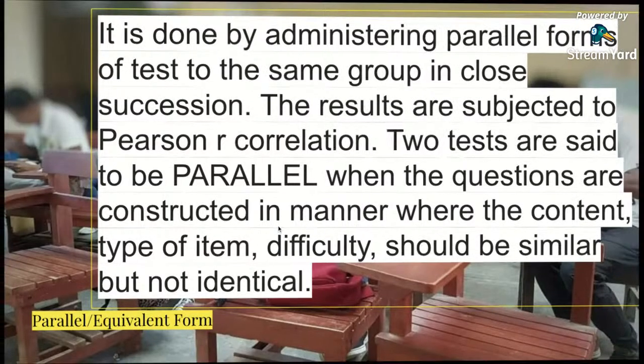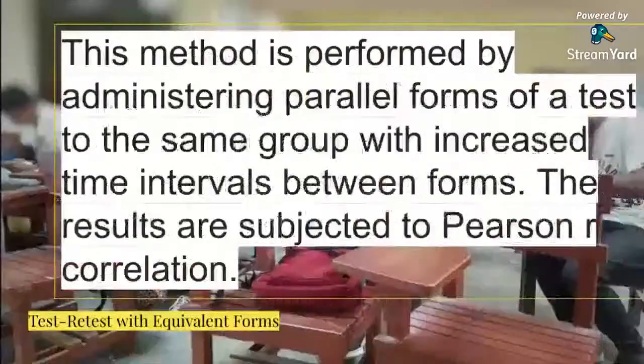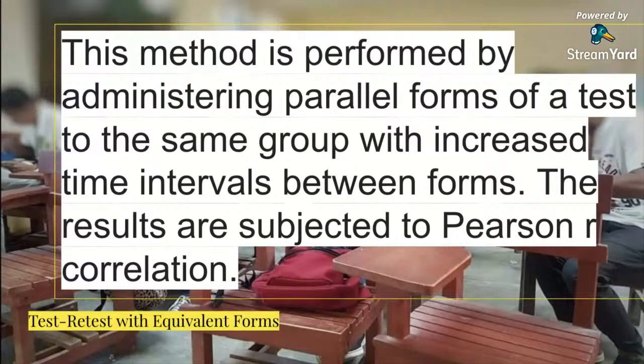So I think we need to proceed to the next. We have test retest with equivalent forms. This method is performed by administering parallel forms of a test to the same group with increased time interval. So how does this differ from the first two? For the second one, the parallel form, we administer the parallel forms of tests in close succession.